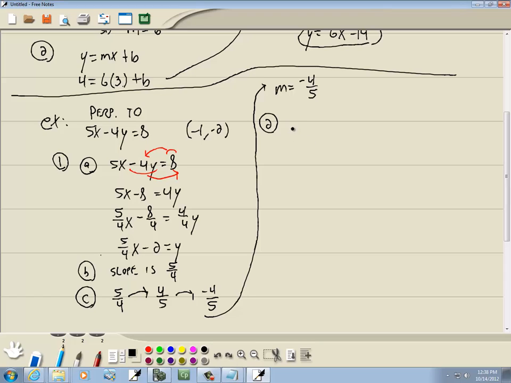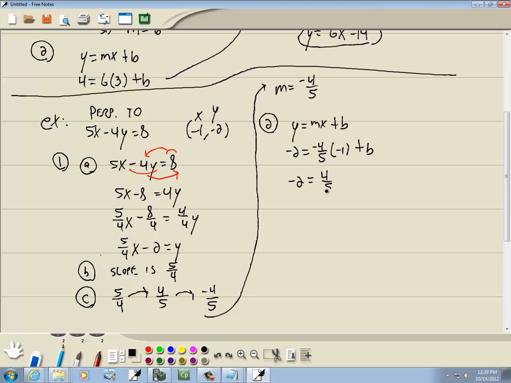Well, our second step. Plug in the given point for x and y. This is x and this is y. So we'll put negative 2 in for the y. M we said was negative 4/5. And x is negative 1. And then plus b. Then we want to solve for b. Well, negative 4 times negative 1 gives us a positive 4.